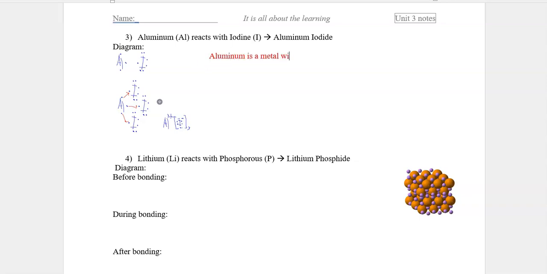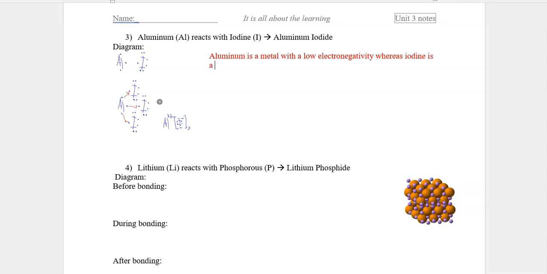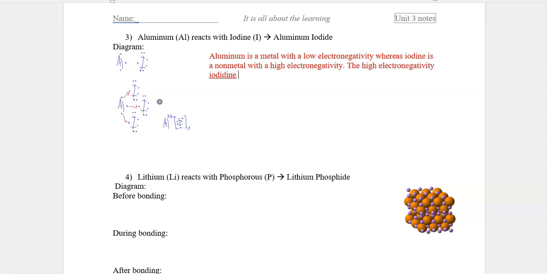Our explanation is going to be very similar. Aluminum is a metal with a low electronegativity, whereas iodine is a nonmetal with a high electronegativity. The high electronegativity iodine takes electrons from aluminum.